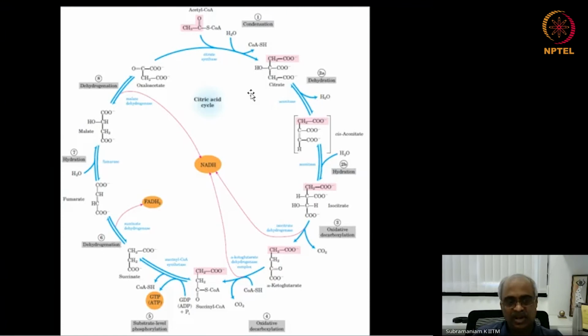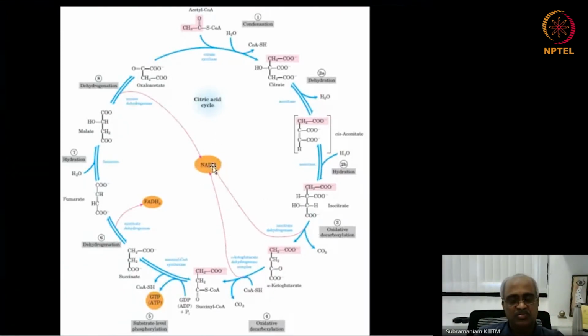This is a little shorter than glycolysis. It's not 10 steps, it is only 8 steps. So when you learn it, for quick refreshing of your memory, you can always look at this slide. It has all the names of the reactions, and what actually happened in the gray shaded text. Then it also tells you where the electrons have gone.